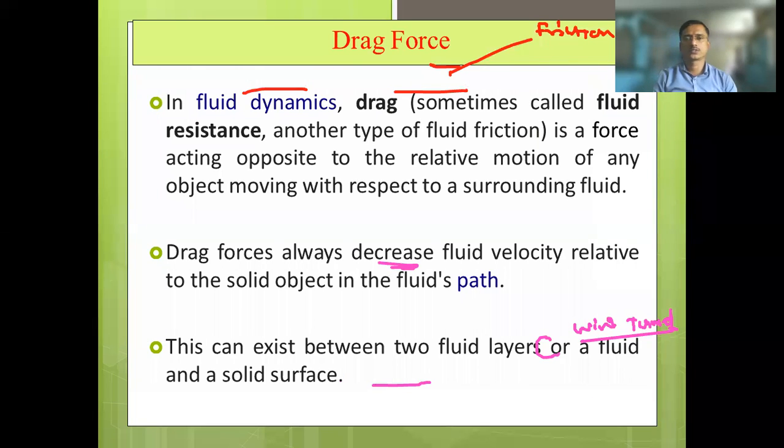Drag is a force acting opposite to the relative motion of any object moving with respect to a surrounding fluid.